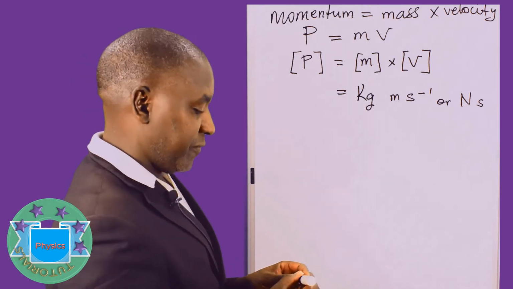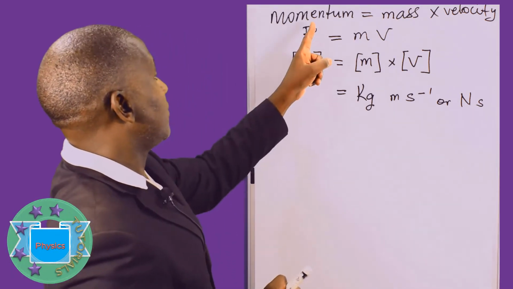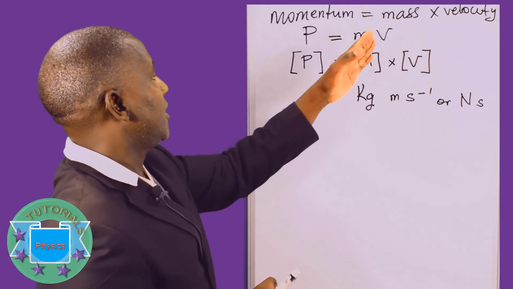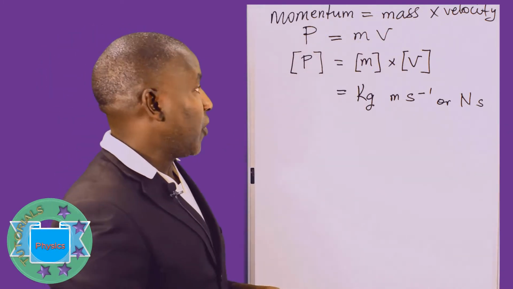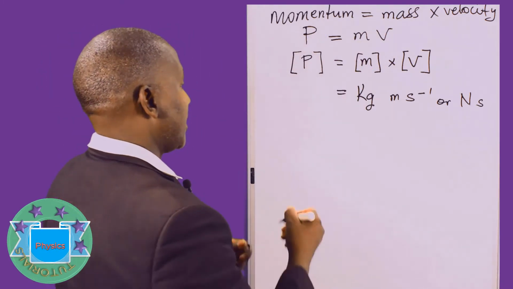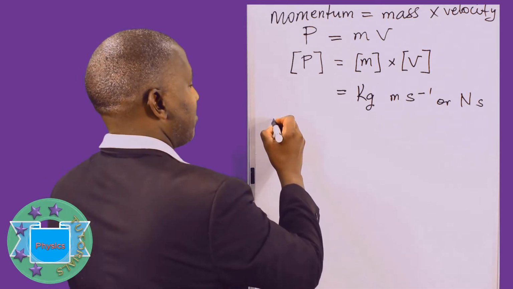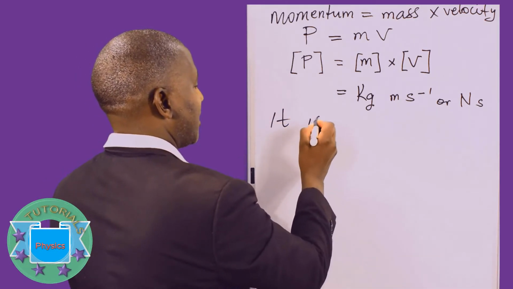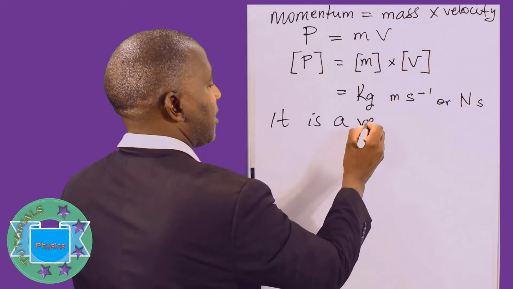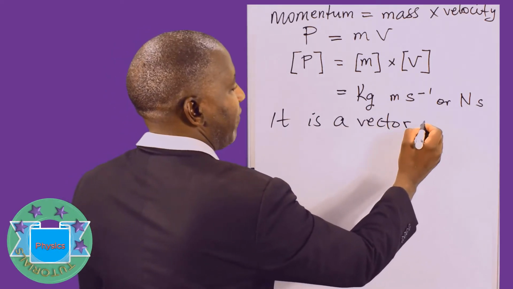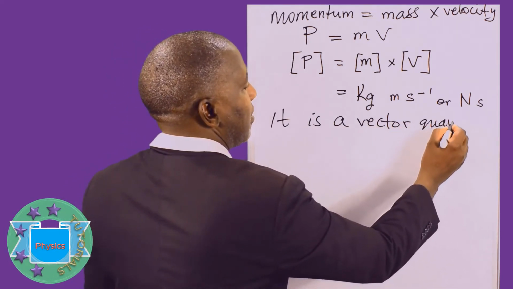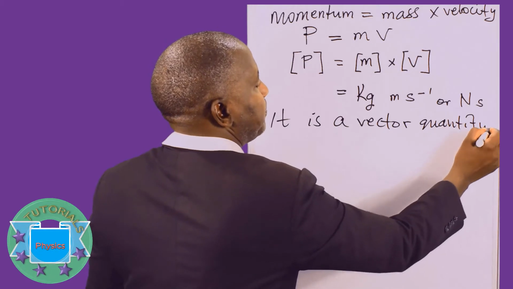So, few things. Product of mass and velocity is momentum. We go ahead here and say that momentum is a vector quantity.